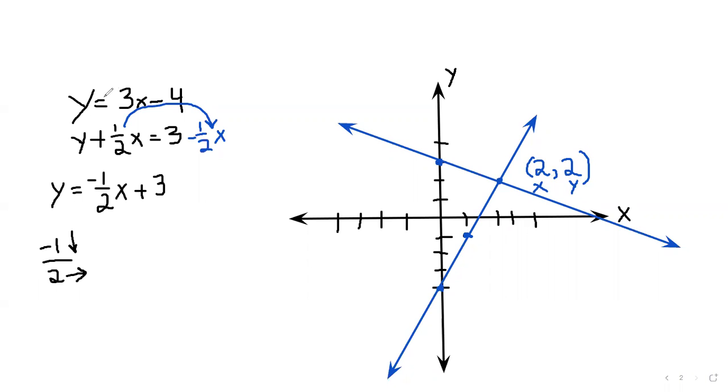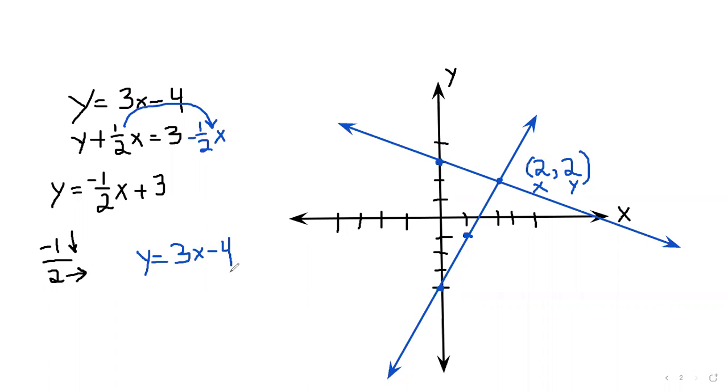Just to help us out, let's do the first one together. I'm going to take 2 and 2 and put them back in here. First, we'll write down the equation just so we have it straight again: y equals 3x minus 4. If I stick 2 in for x and 2 in for y, they should be equal.